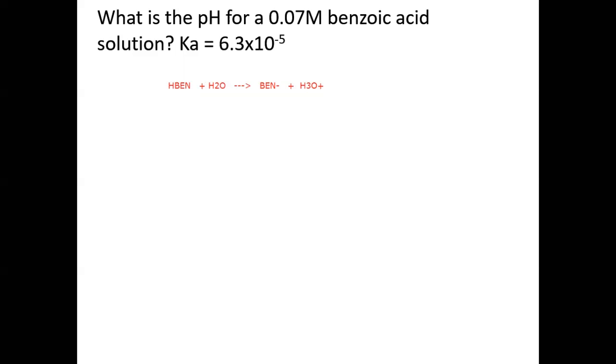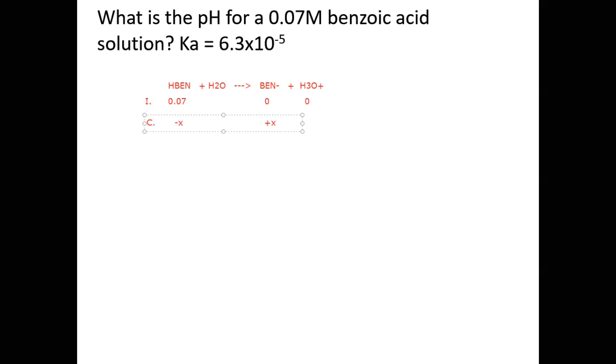So we're going to start our ICE table. Initially we have 0.07 molar of the benzoic acid, 0 of the products. We do our change, minus x, plus x, plus x.